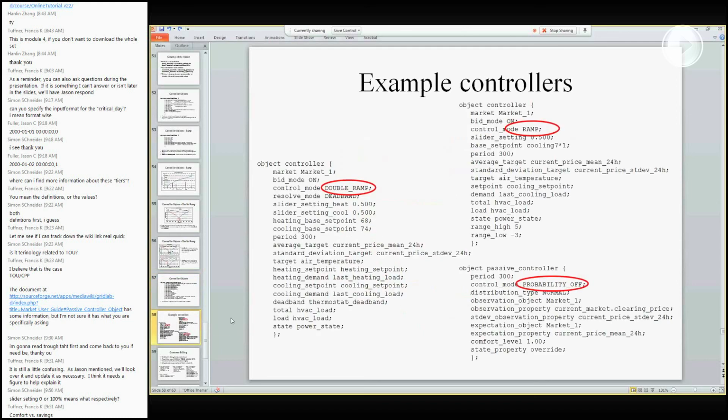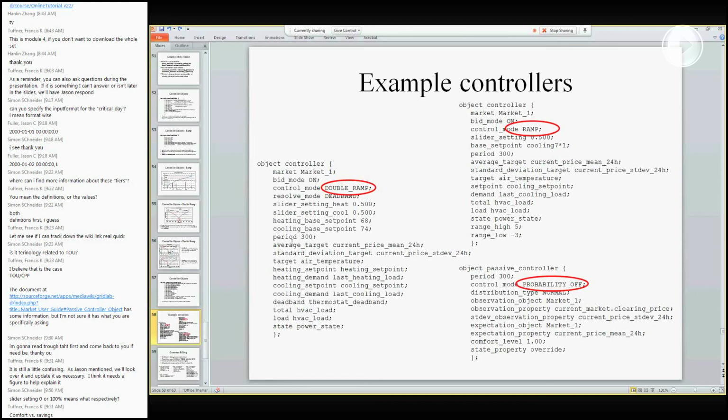So here are really just a bunch of examples that we've put together. In this case, we have a controller object that is attached to an HVAC system that's operating in double ramp mode. So it's got all these different settings. Consider these the minimal level of settings that are needed to operate each of these controllers.